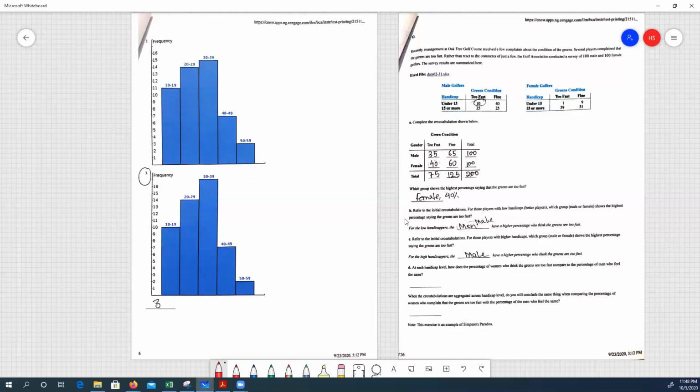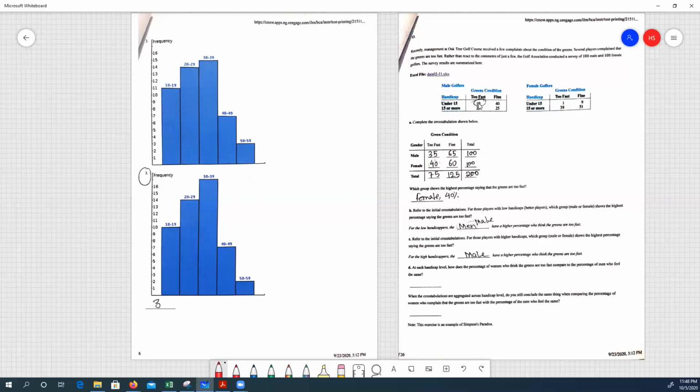Okay. So refer to the initial cross tabulations. For those players with low handicaps, that means better players, which group shows the highest percentage saying the greens are too fast? Low handicaps means under 15. So we have to consider under 15 and the green condition.